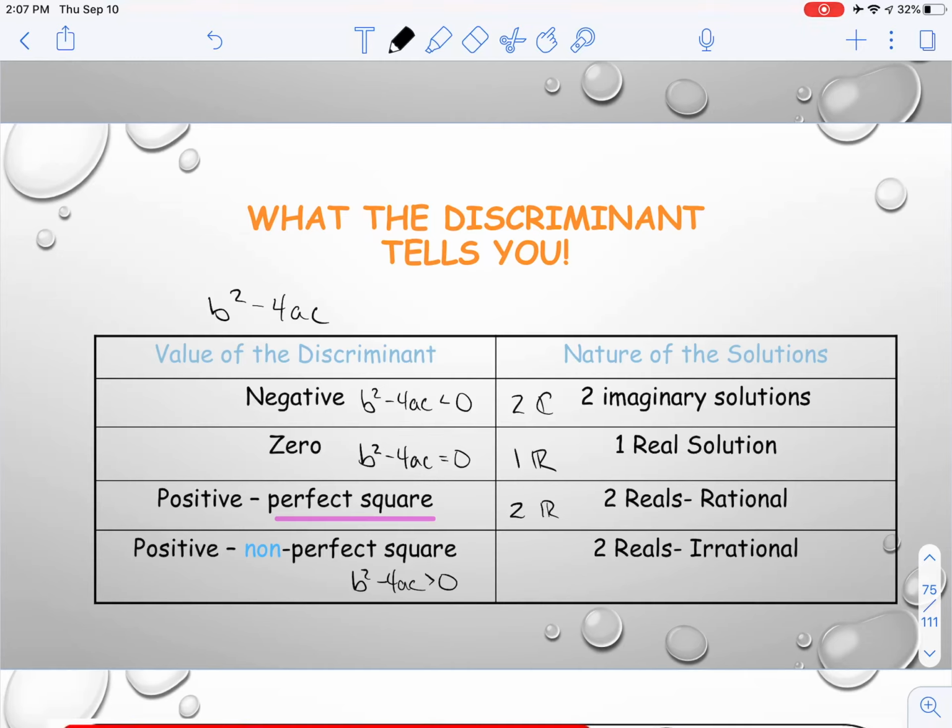Which also would tell me that this was something that we could have factored, that we missed a factor somewhere. If it's positive and it's not a perfect square, then we're going to have 2 real irrational solutions. So there's still 2 real, but now we're going to have a radical that stays. It doesn't cancel out. I can't break it down completely.